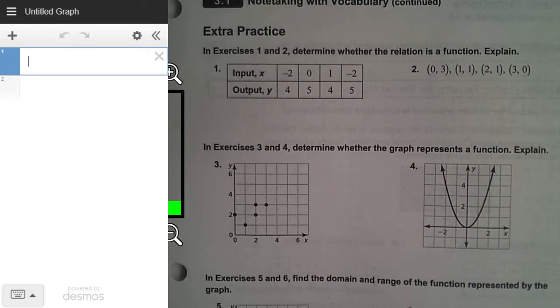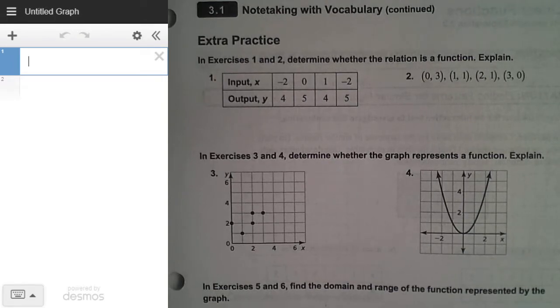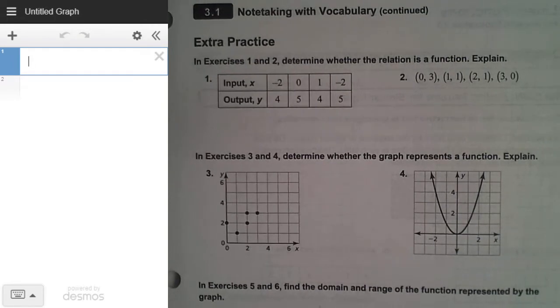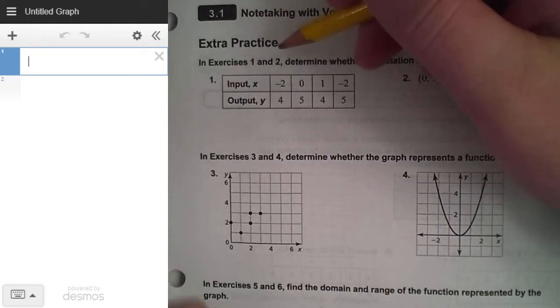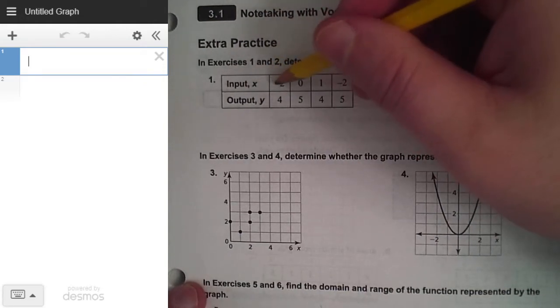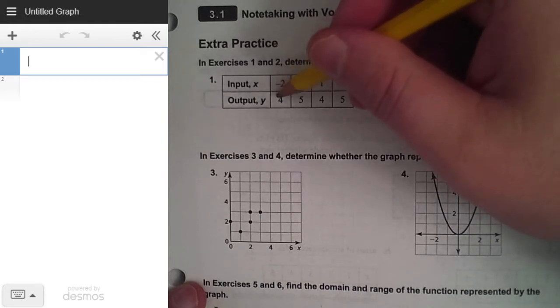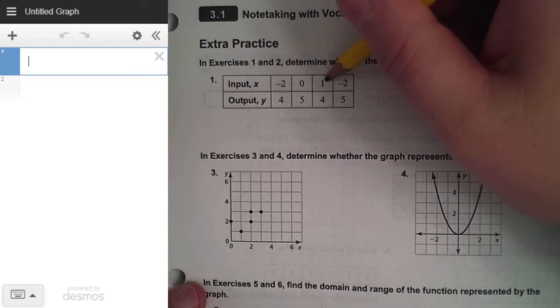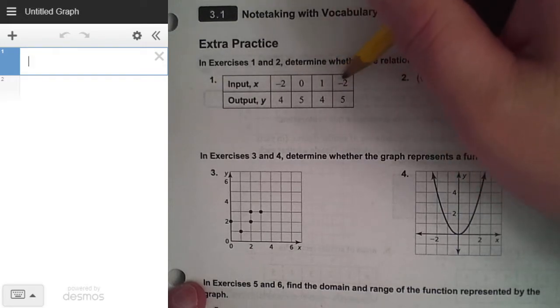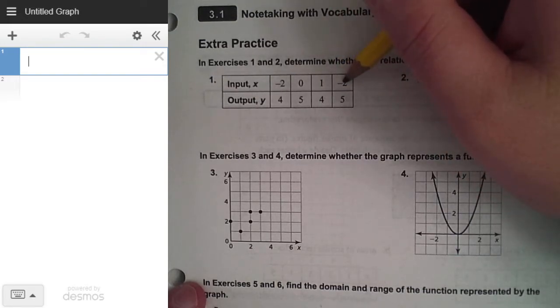Determine whether the relation is a function, and then explain. What we're looking at here, we've got our inputs. We have an input of -2, an output of 4, an input of 0, and an output of 5, an input of 1, and an output of 4, and then an input of -2 and 5.